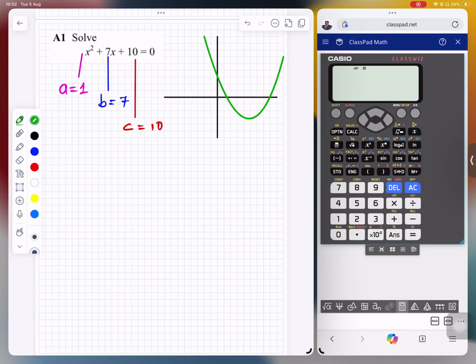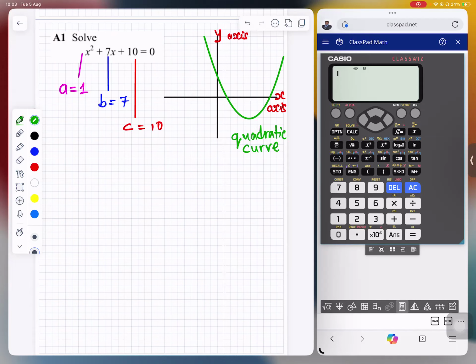This one is called the x-axis, and this one is called the y-axis. The green graph is called a quadratic curve or graph.